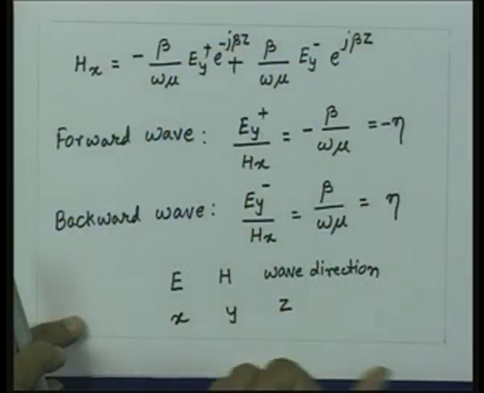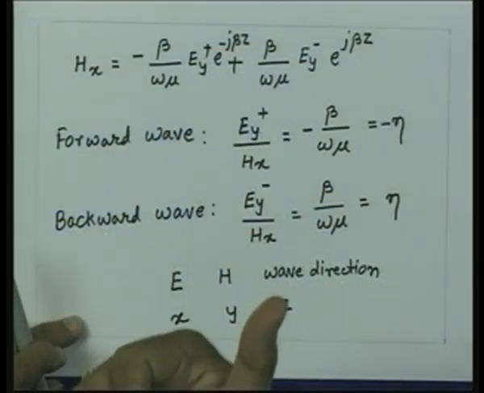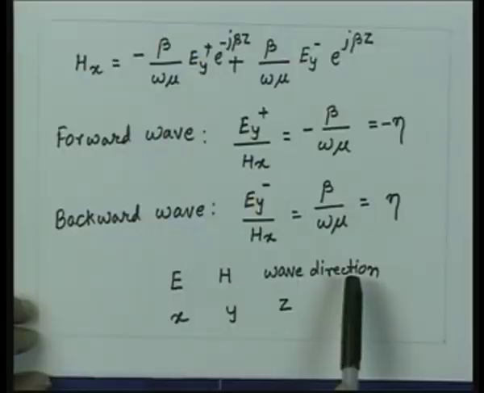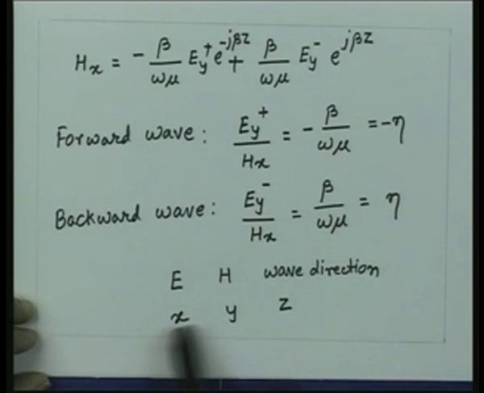Similarly, if I go from wave direction to E, the sequence follows x, y, z, x, y, z. So, if my fingers point from wave direction to the electric field, my thumb must point in the direction of the magnetic field. So, now the right handed sequence for E, H and wave propagation is E, H and direction of wave propagation, in the sequence x, y and z.